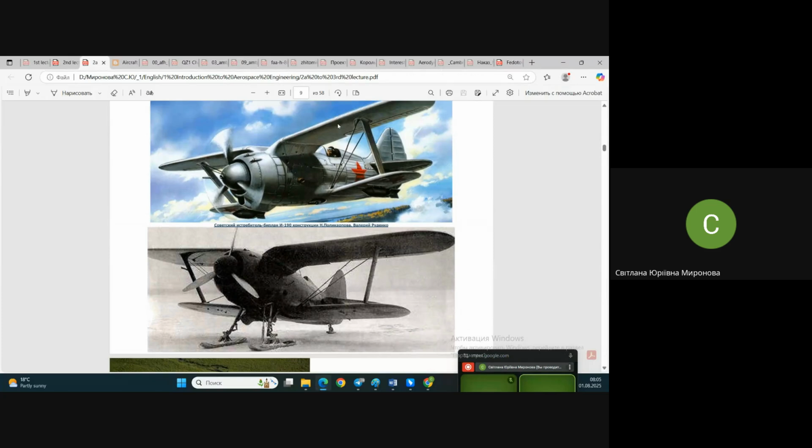Look at this, seagull wing or gull wing, and what is it for in this case, why did they remove the center wing, why did they make a V center wing?